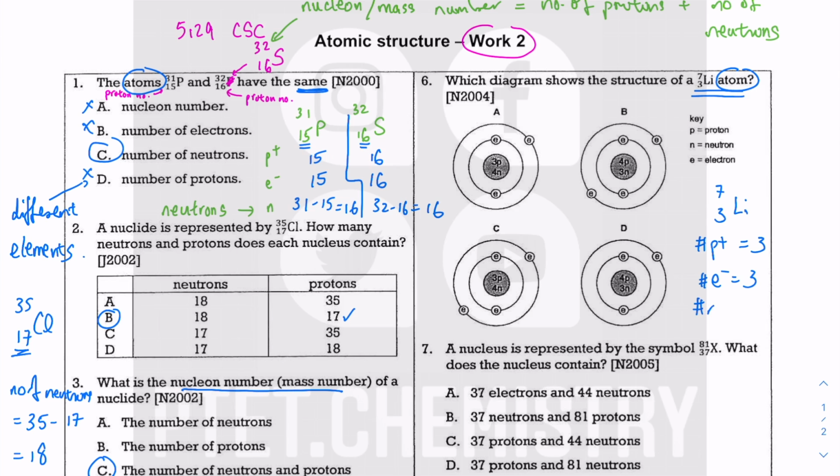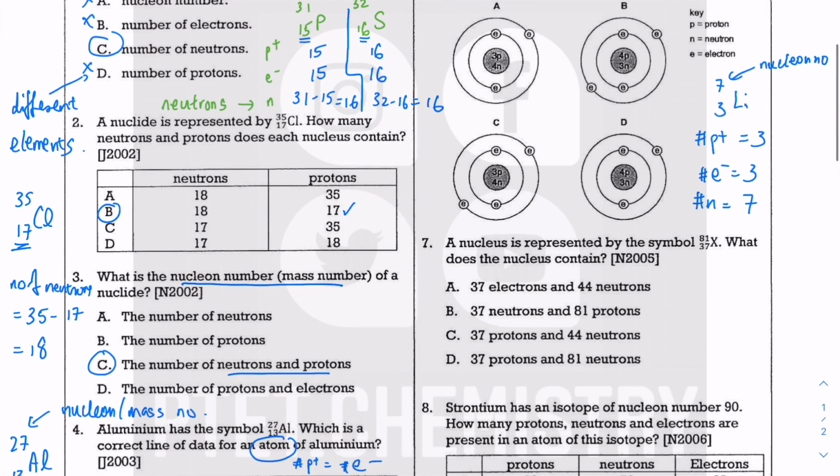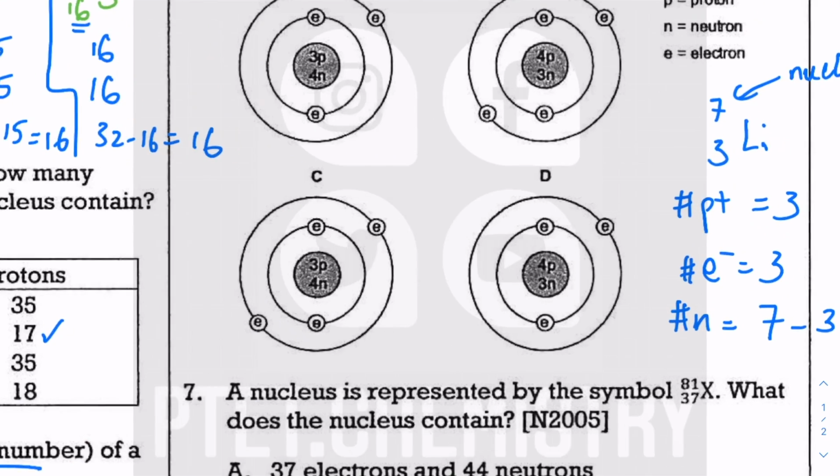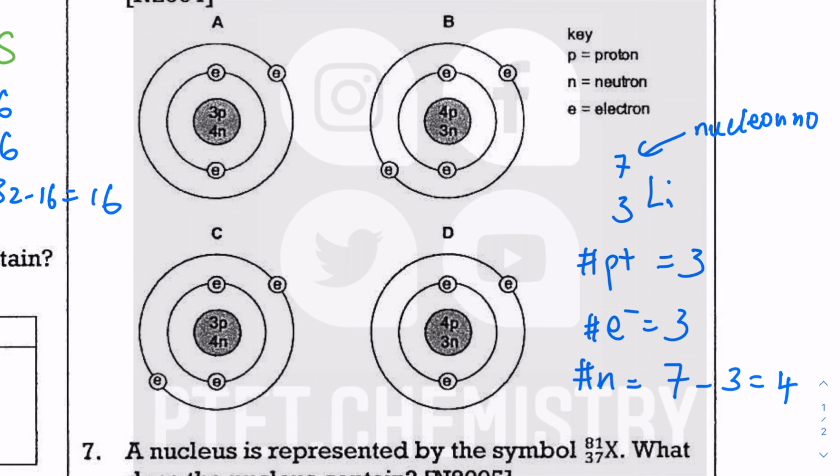Number of neutron: the nucleon number tells you the number of protons and the neutrons. You take away the number of proton, then you get the number of neutrons. Okay, so it's not very clear there, but I hope you can see there are 3 proton and 4 neutrons, so there are 7 nucleons.